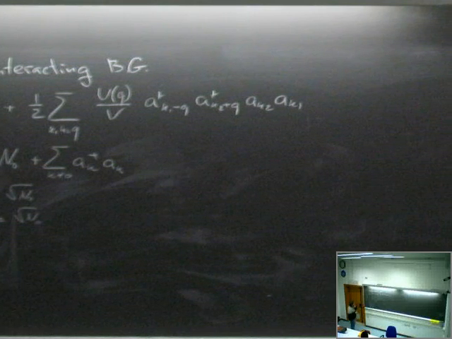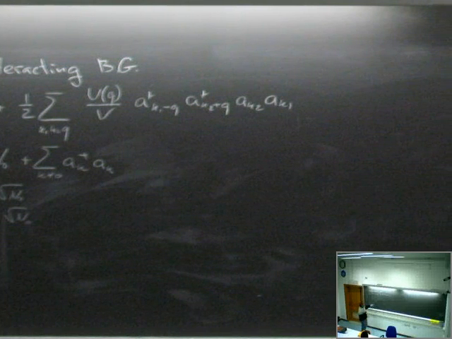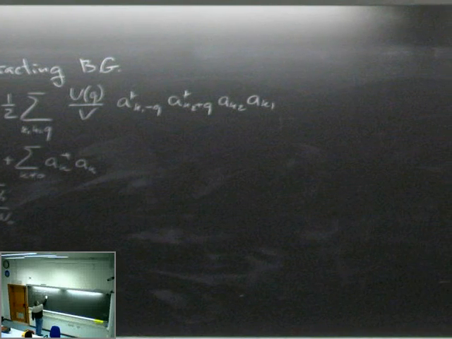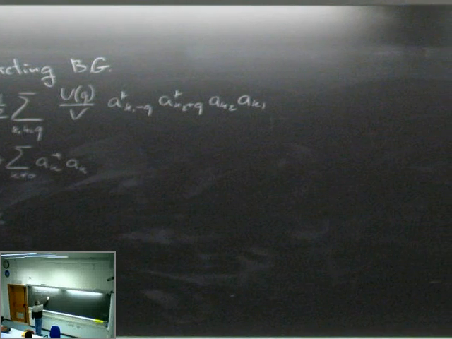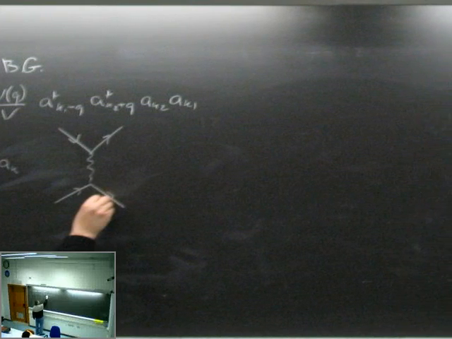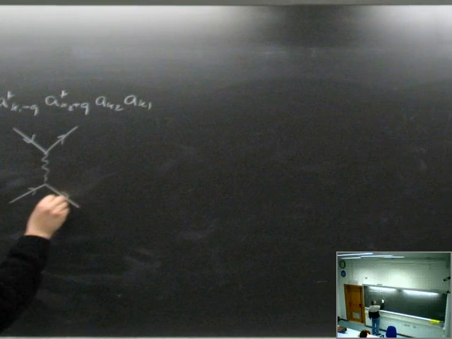Then we see that the processes of scattering, these processes which I depicted that way, that two bosons with momentum K1 and K2 scatter, and as a result K1 minus Q and K2 plus Q are created.